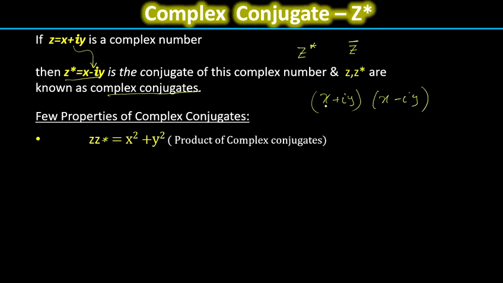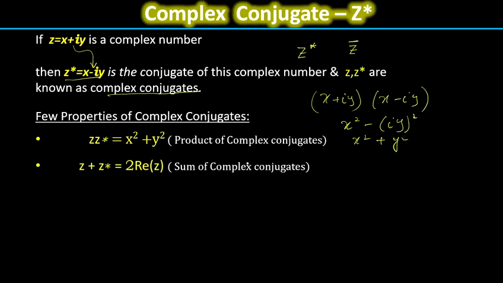You have the format (a plus b)(a minus b), that is equal to a square minus b square. x square is there, i square is minus 1, minus minus becomes plus, y square is y square. Note down this property. Whenever you multiply complex conjugates, you get real square plus imaginary square.